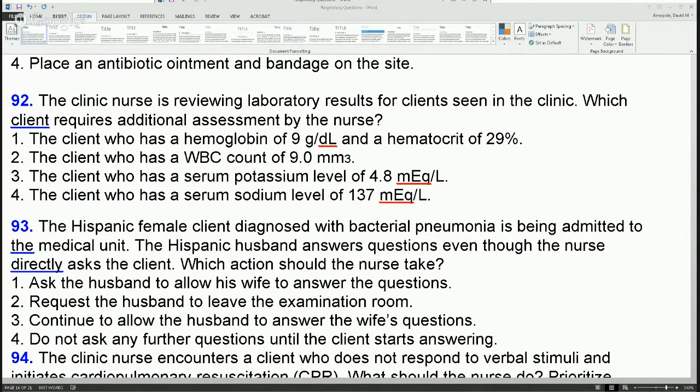The 3? 3's fine. Oh, 1. What's wrong with 4.8? Sorry, I don't know why I was thinking 3.5 to 4.5. It's 3.5 to 5, right? Correct. 1. All right, Aaron, do it again.